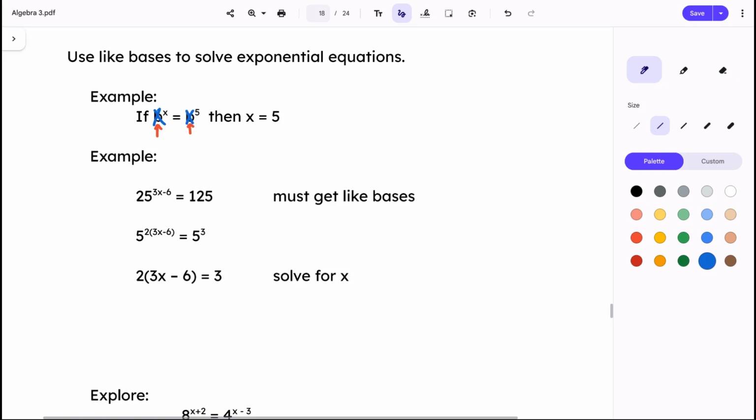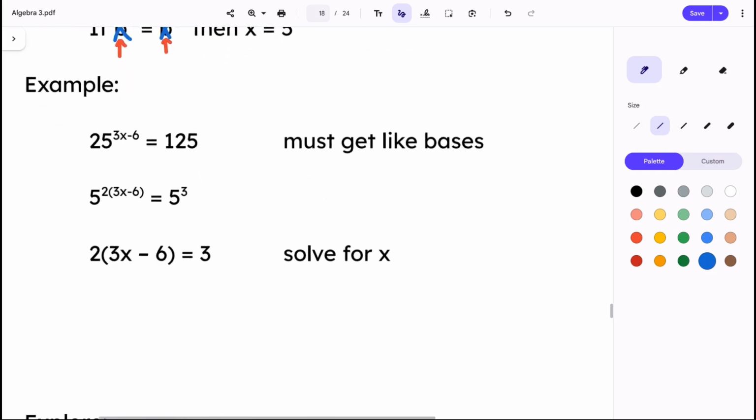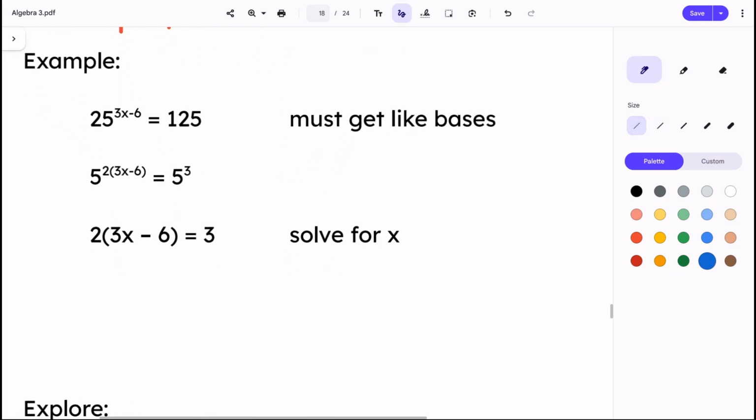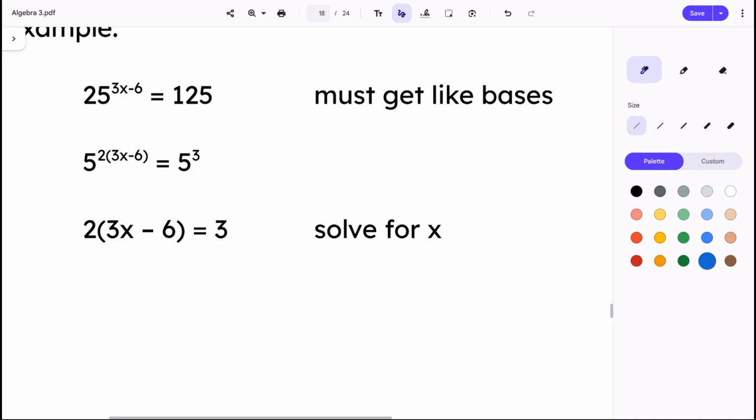If I look here, what they did on this problem is rewrite these bases as 5 squared. So 25 became 5 squared, and the 125 became 5 to the third power. Now that we have like bases, we can drop the 5s from the problem and work with just the exponents.